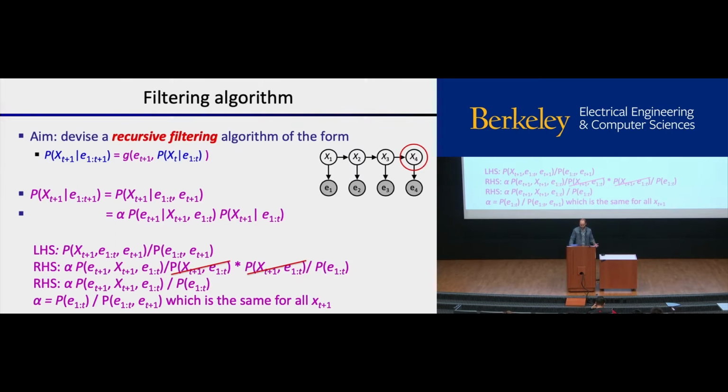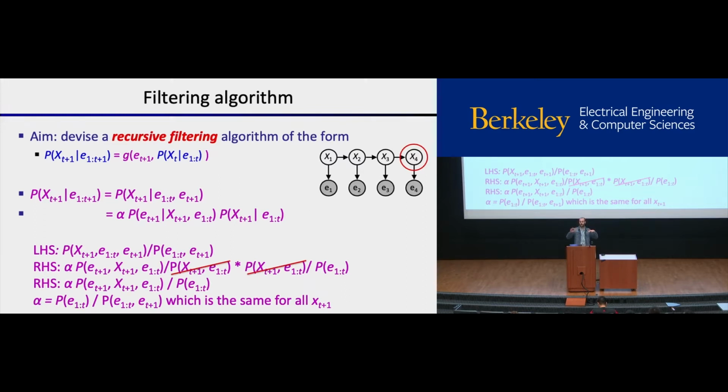And importantly, crucially, this is the same for all values of little x(t+1). So remember that this is a distribution. It's going to return a value for every possible value that big X(t+1) could take. And so you can recognize if they don't sum to 1 and renormalize. So the left-hand side and the right-hand side, until you renormalize, will give you 2 different vectors. Typically, none of the values will line up.